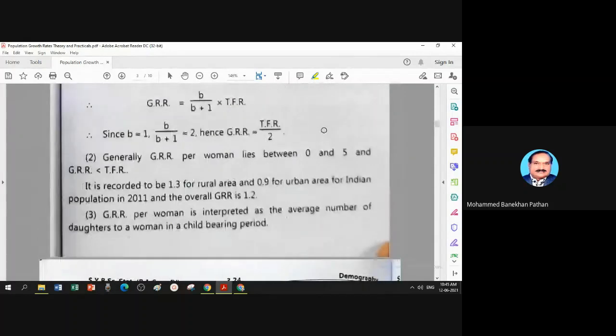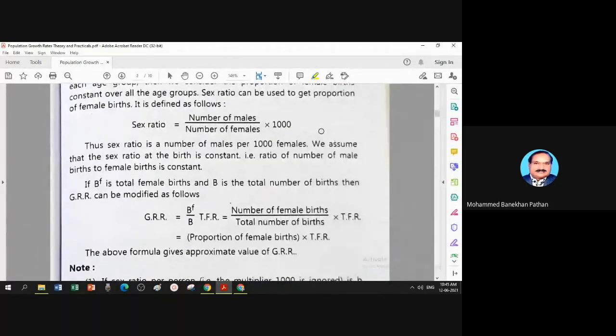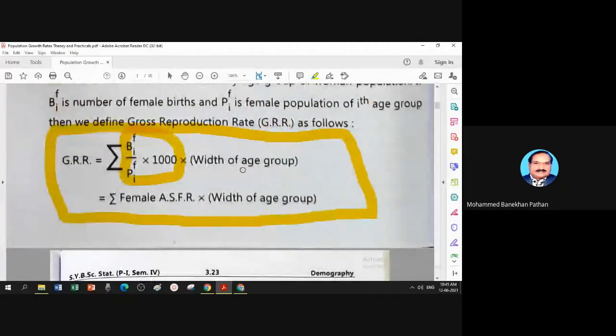First formula for today's practical, which I discussed just now: gross reproduction rate. Summation of female births in the ith age group divided by female population in the ith age group, multiplied by 1000, multiplied by the width of the age group.